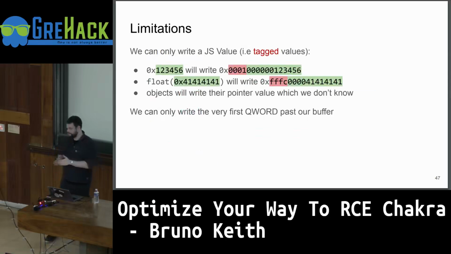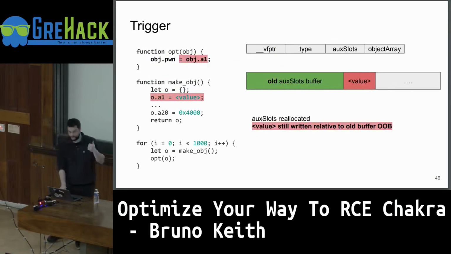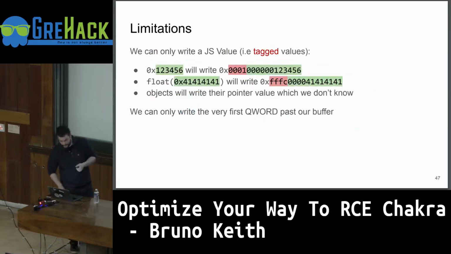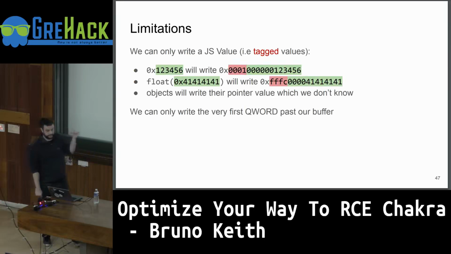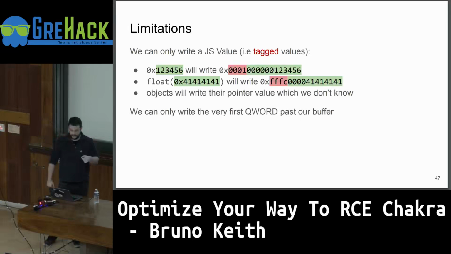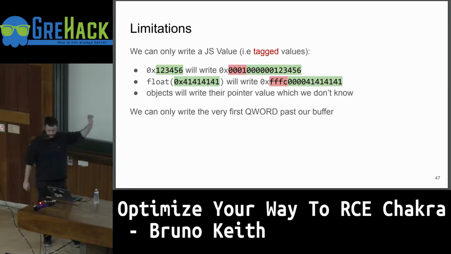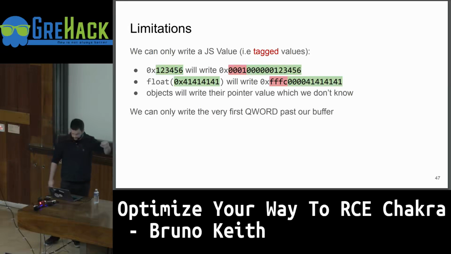So the first set of limitations that we have: we can only write a JS value. If you look back at the slides, we assign a1, and basically the value of a1 is effectively what we will be writing in memory out of bounds. So we can only write JavaScript values, which means that in Chakra they are tagged. They use the fact that you have like 17 bits, 18 bits sorry, that you can use to encode type information. So if you take the integer 0x123456 in hexadecimal, it's actually encoded as this thing on the right, where we can see that the upper bits are set to 1 in red.